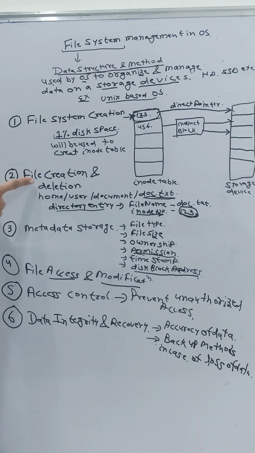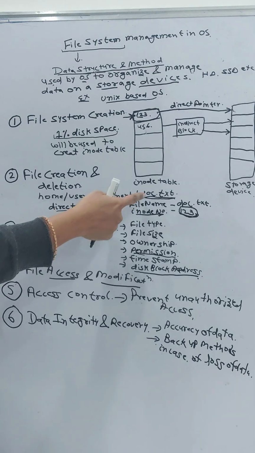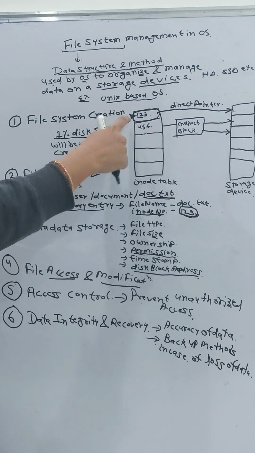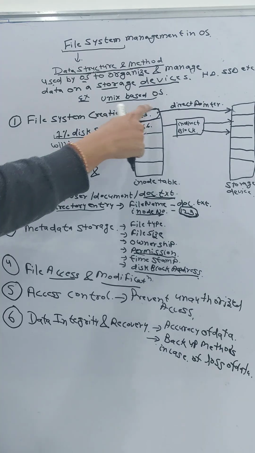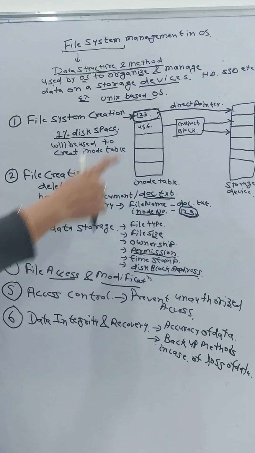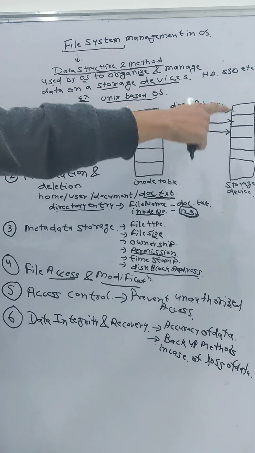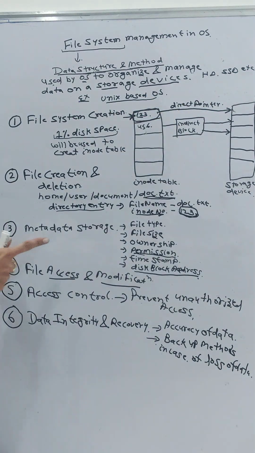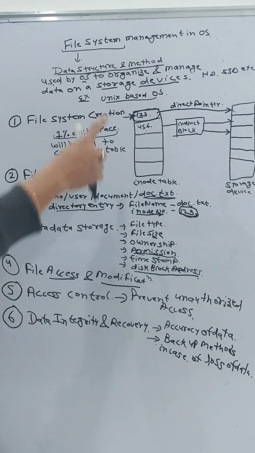During file creation, suppose user wants to save doc.txt, the operating system will assign one unique inode number for this new file. In case of deletion, it will delete the inode and all the pointers pointing to disk blocks. Metadata storage: each inode will contain all this information about the file.